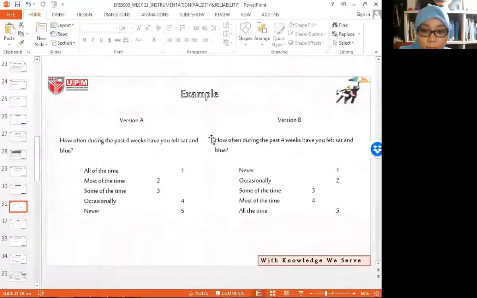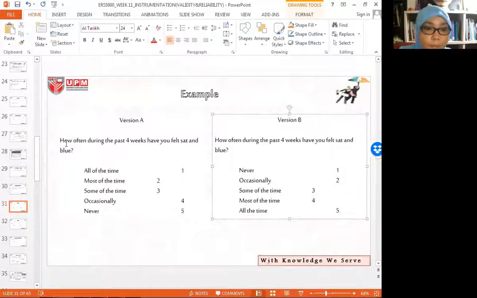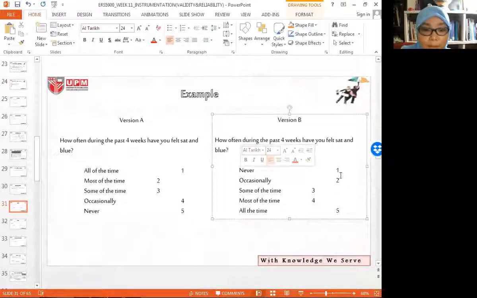You have a similar instrument, version A, version B. For example, how often during the past 4 weeks have you felt sad or blue? The items are the same, but you change the arrangement. Okay, 1 never, 2, whereas the original is 1 all of the time, 2 most of the time.